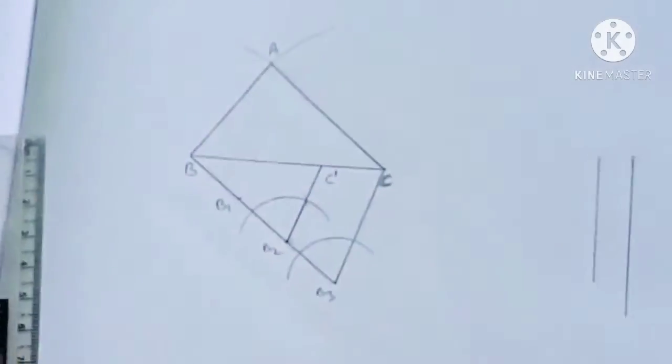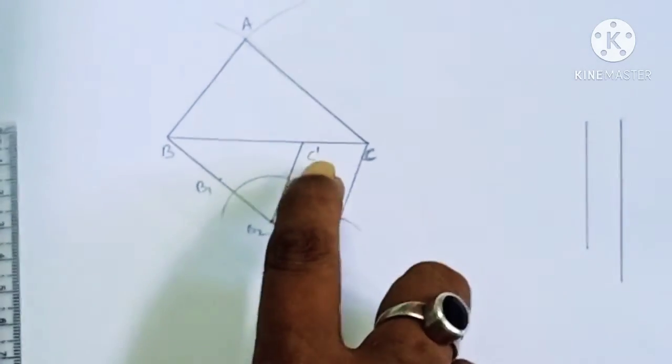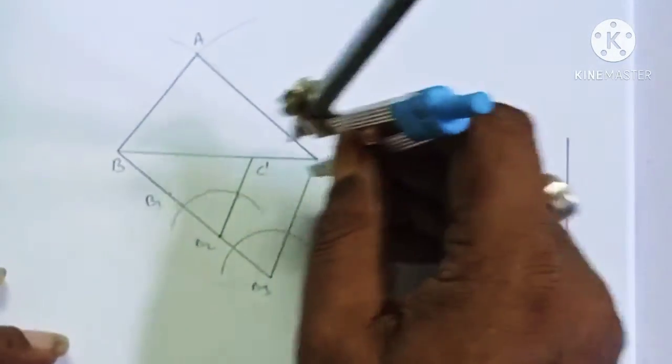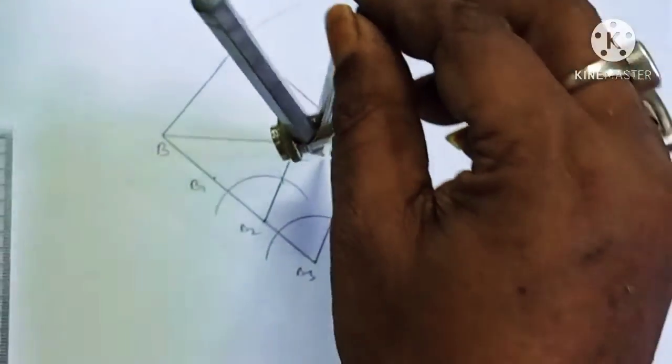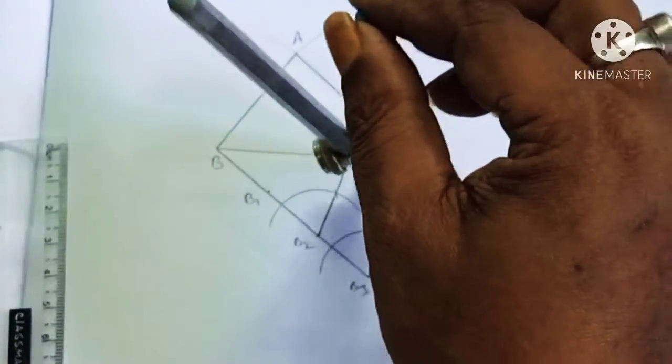Now CB3 is parallel to C dash B2. Again, at C, of any measure, I am going to draw an arc which intersects the two arms of the triangle.